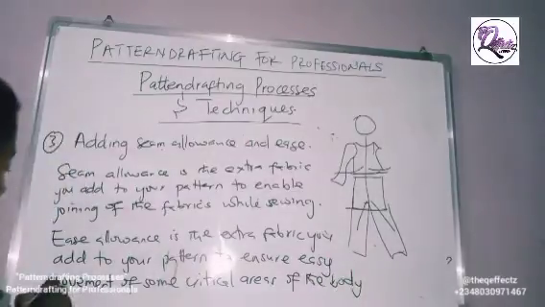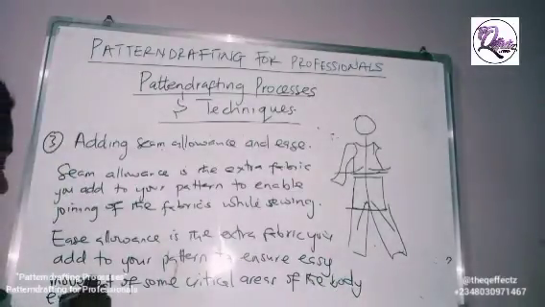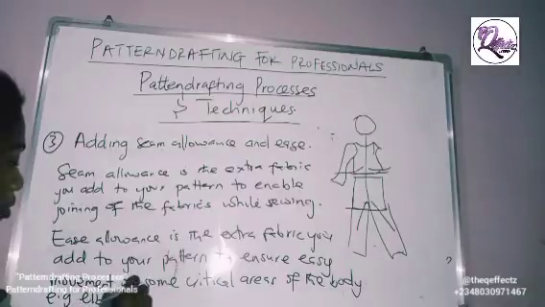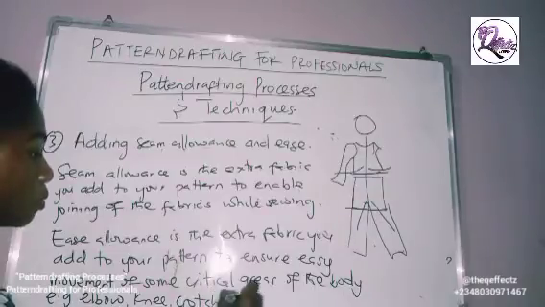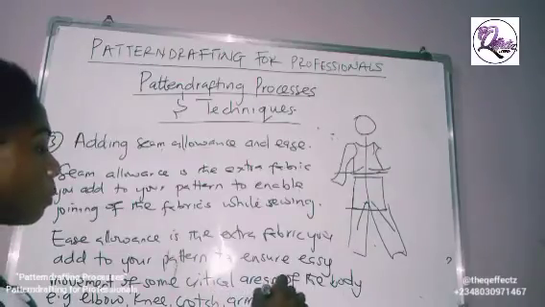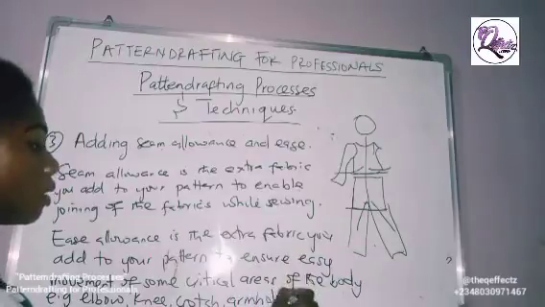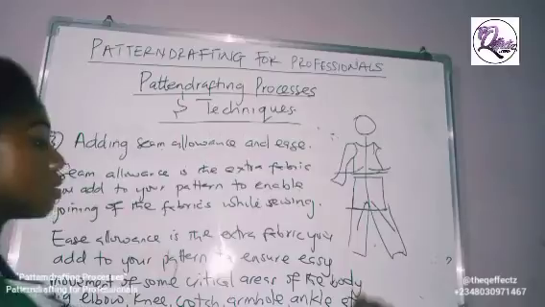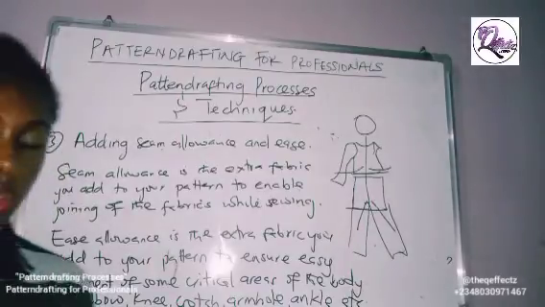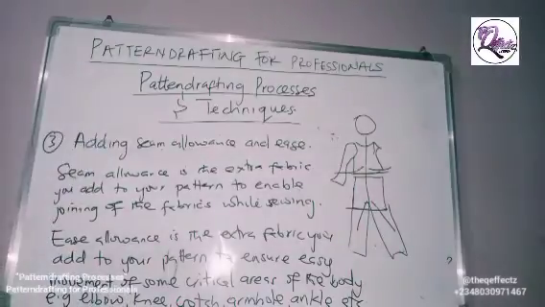Okay, e.g. the elbow, knee, crotch, armhole, ankle, etc. So these are the areas you can add ease to on your pattern.